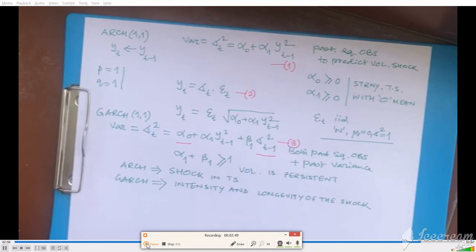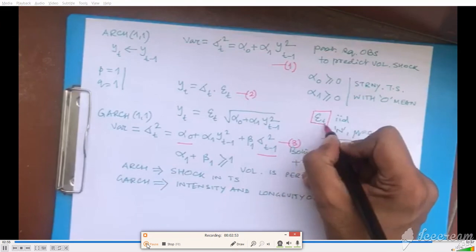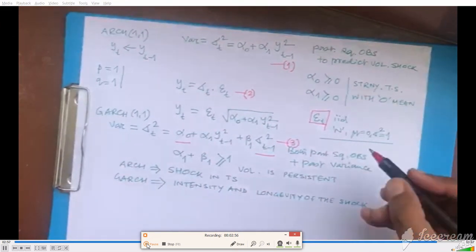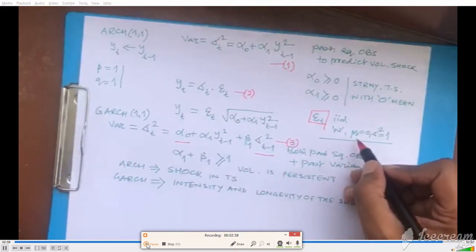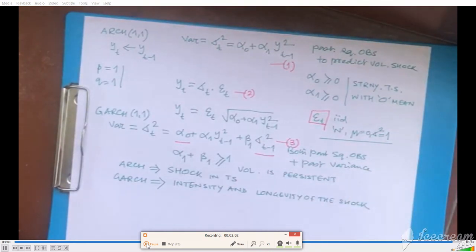That is white noise. So these are the white noise parameters which are linked with et. Residuals are IID. Residuals are normally distributed. In residuals, mu is equal to 0 and sigma square is equal to 1. Hope the derivation is clear. Thank you.